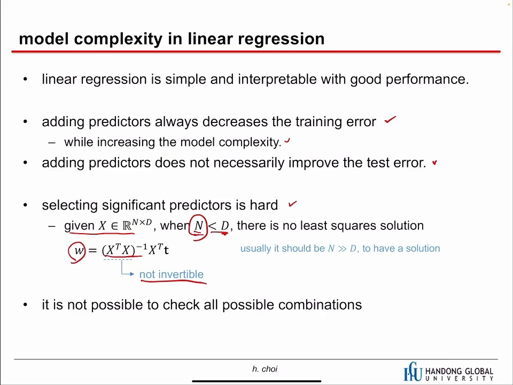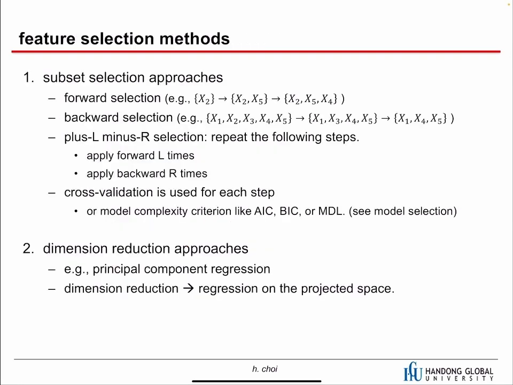Okay. It's not possible to check all possible combinations. If we can check all the possible combinations, then we can select a few features, so then we can decrease the d. So there are a couple of approaches to select the features.